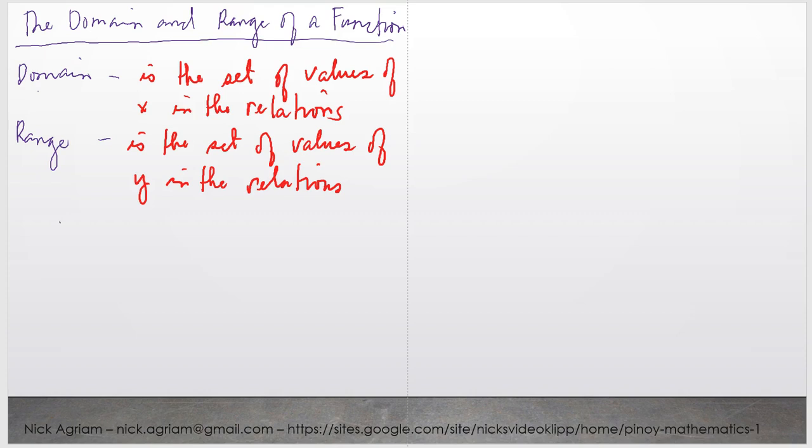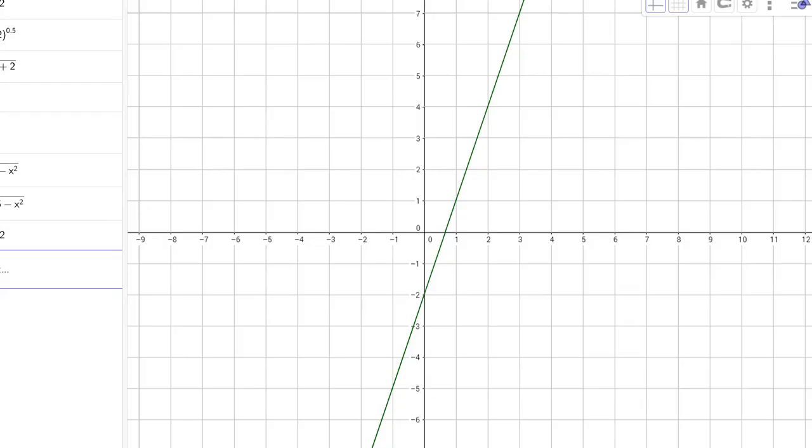For example, I have y is equal to 3x minus 2. If I'm going to look for the graph of that, it looks like this. As you can see, it can take all values of x.